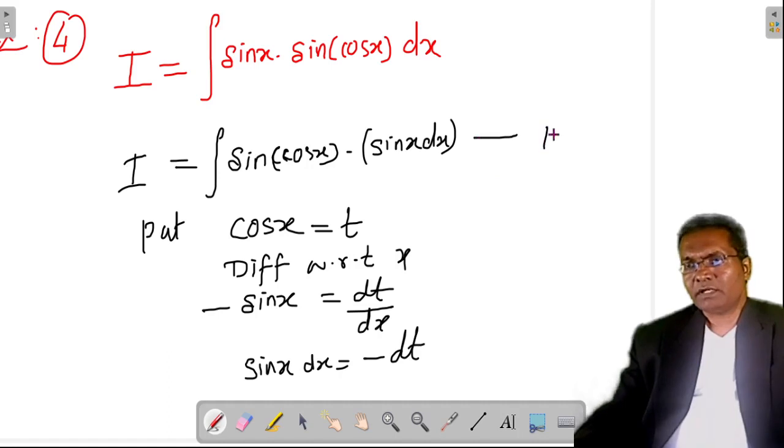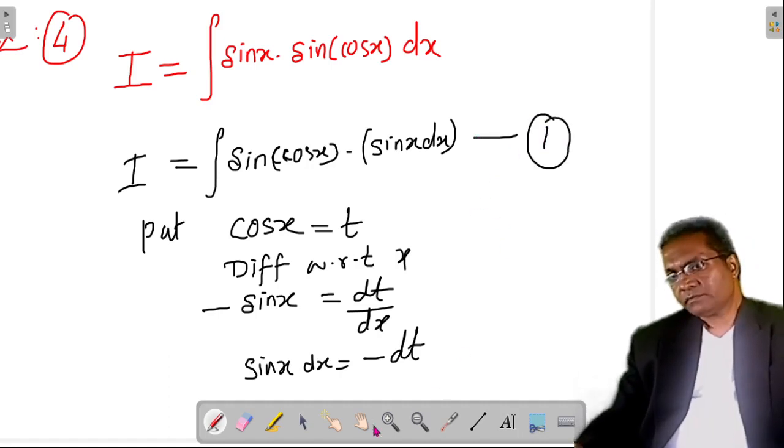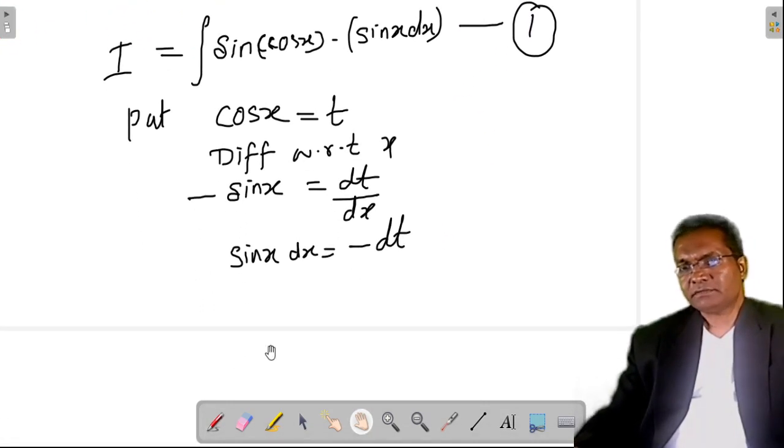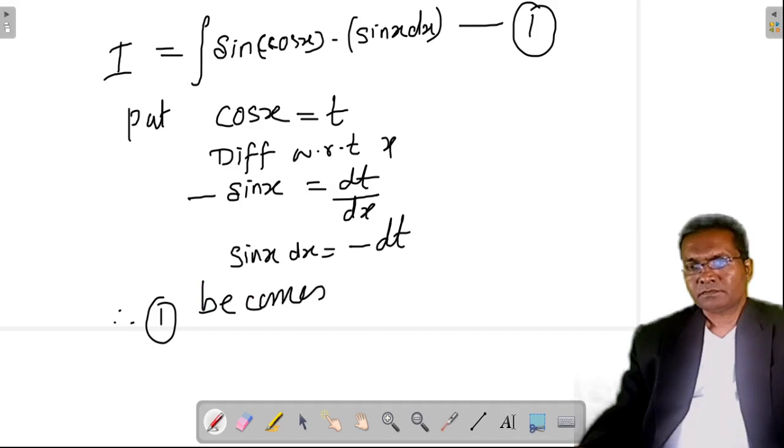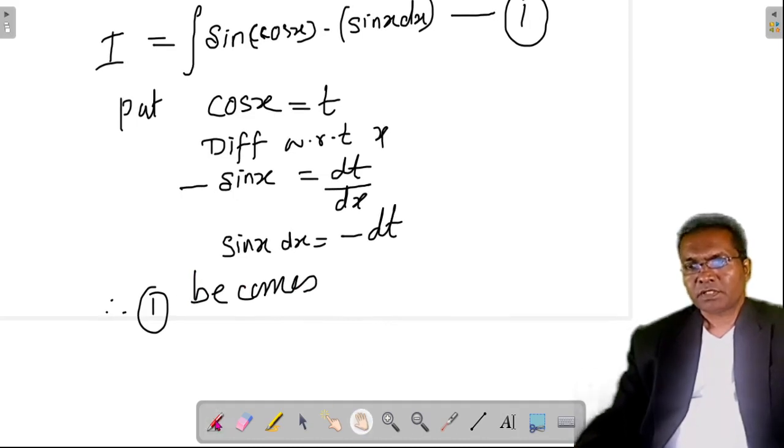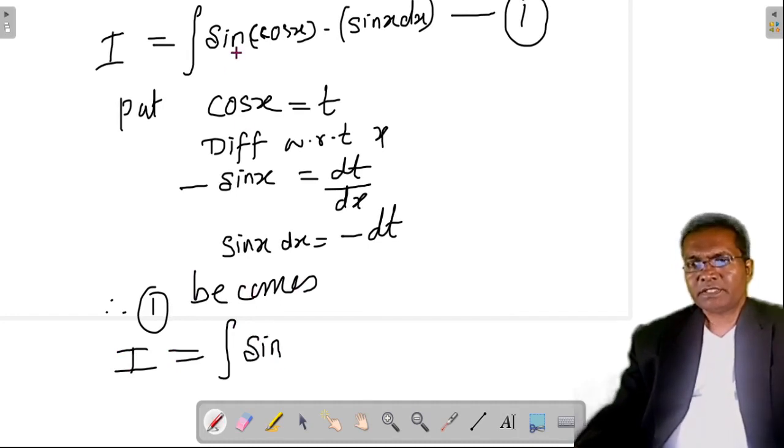This is your I. Therefore I equals integration of this sine as it is, and cos x is t, so it becomes sin t.